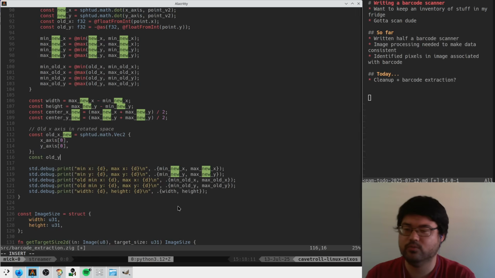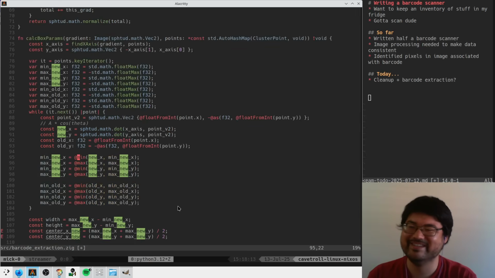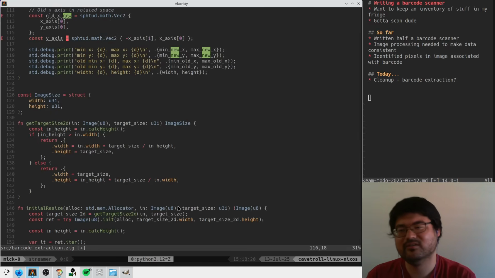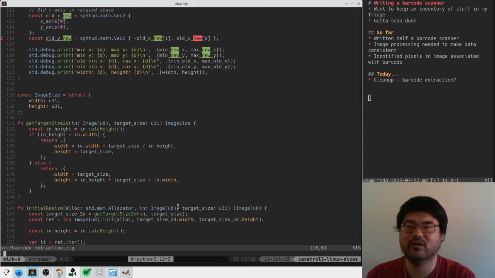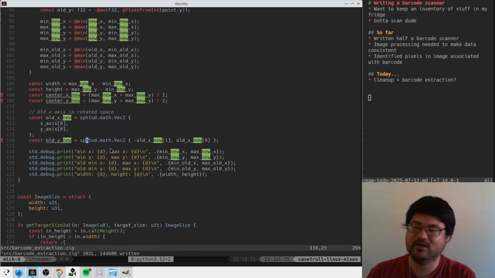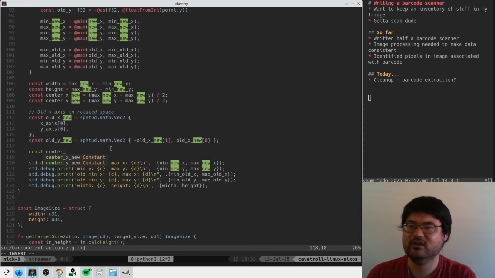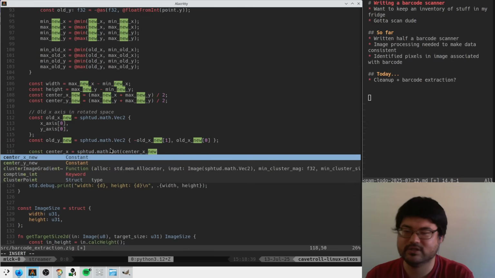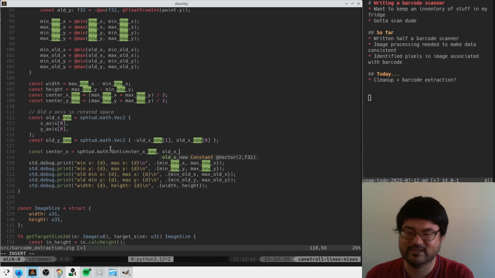So old y new is old x new. Okay. So then we take center x new and dot it with old x in new space.